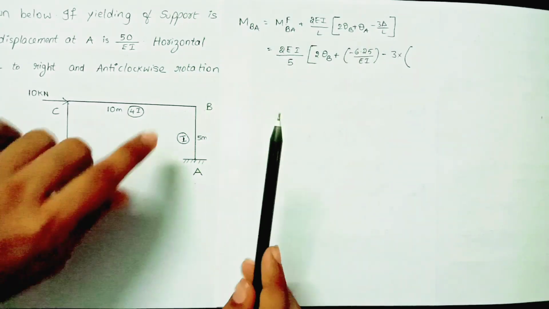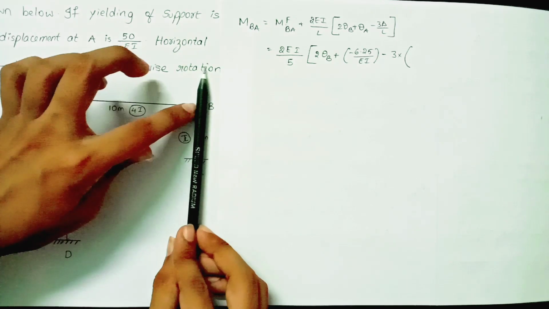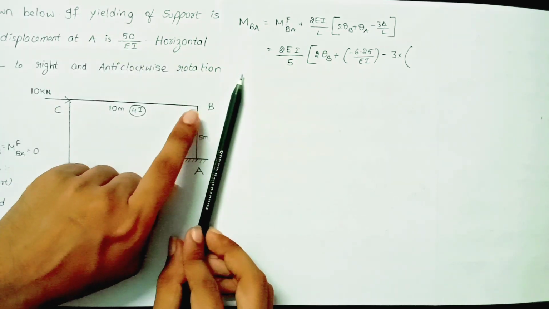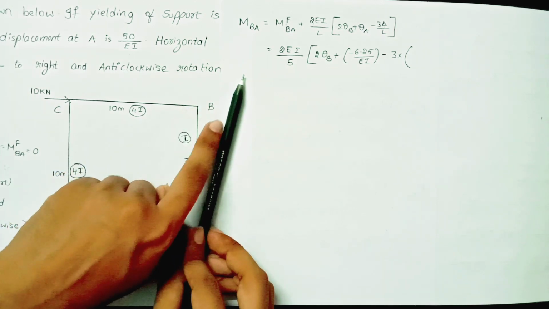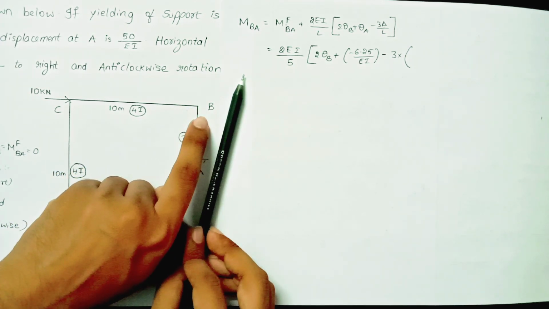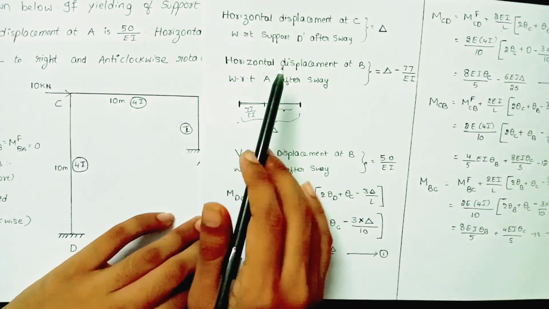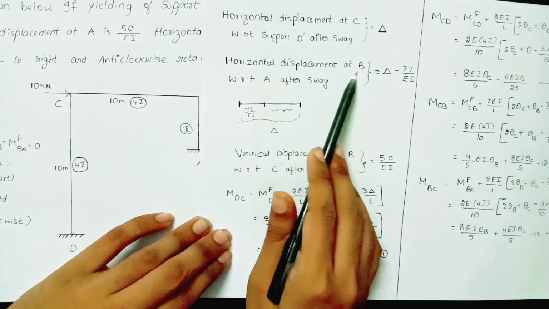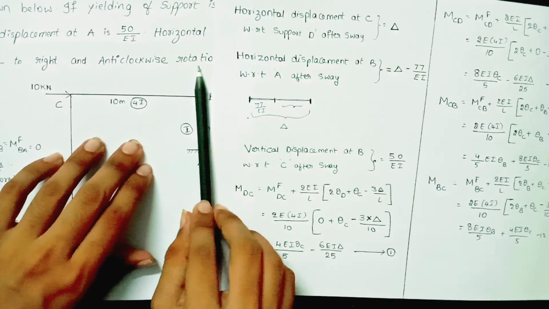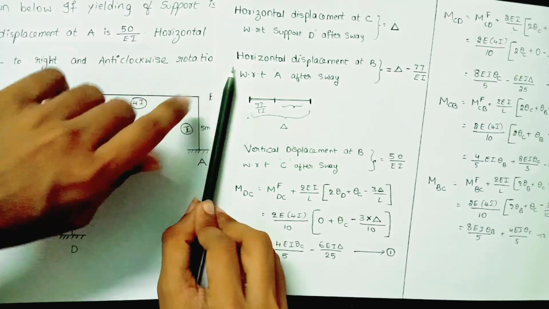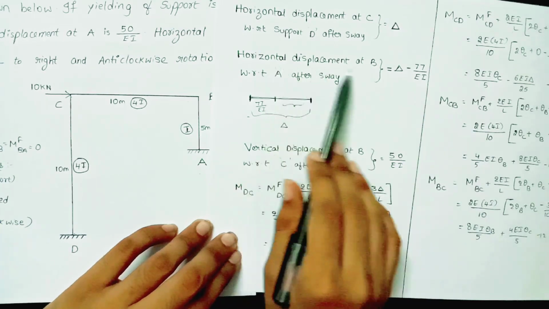here we should know which value to be substituted in the place of delta. If we are taking member AB, there is deflection at joint B. This deflection is in horizontal direction, so we have to substitute the delta value as the horizontal displacement at B, delta minus 77 by EI, because the displacement is in horizontal direction.